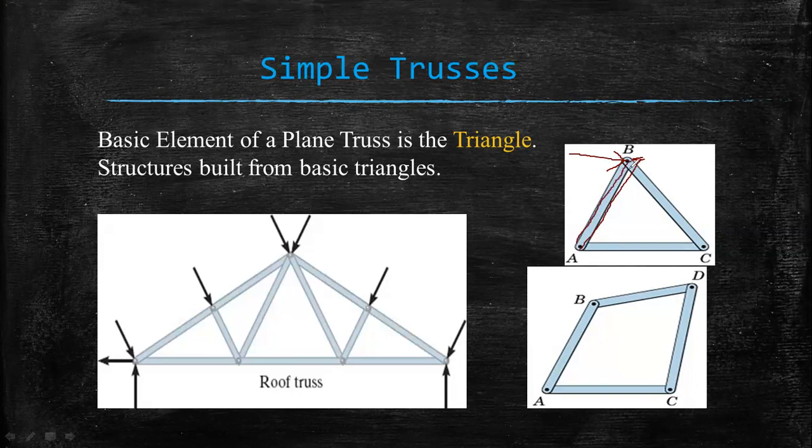So for deformation in a truss structure, the main basic criterion is that the length of one particular member will either increase or decrease. In this case, the length of the member will decrease.